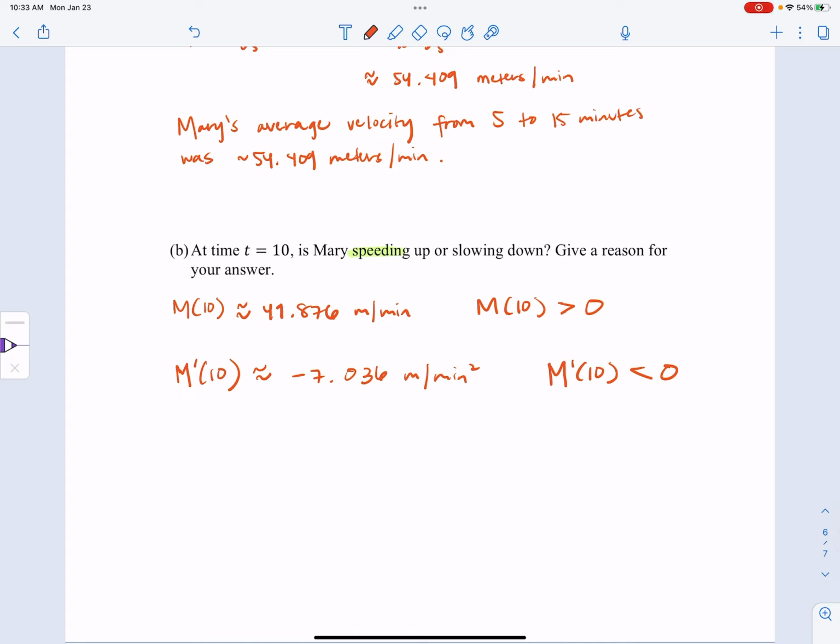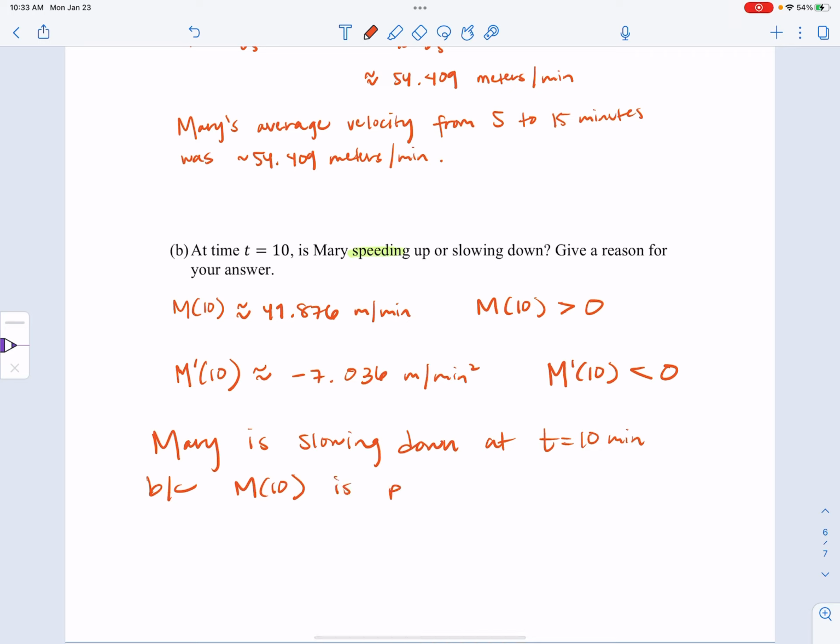Therefore, we could say that Mary is actually slowing down at t equals 10 minutes, because m of 10 is positive and m prime of 10 is negative.